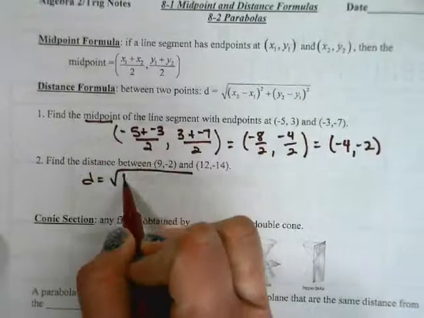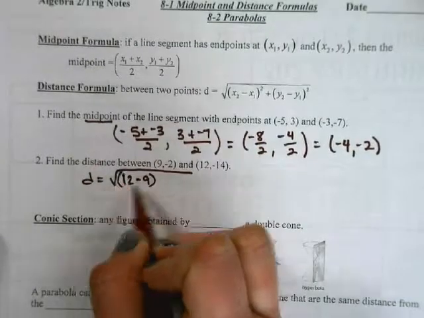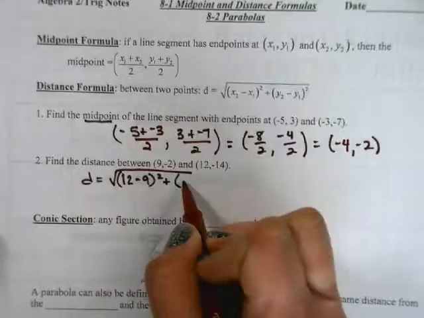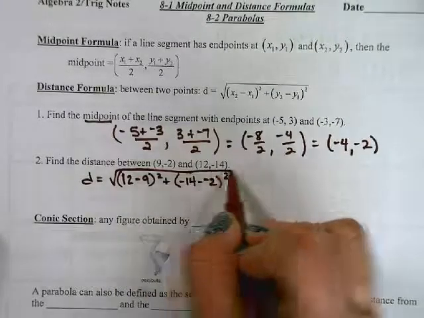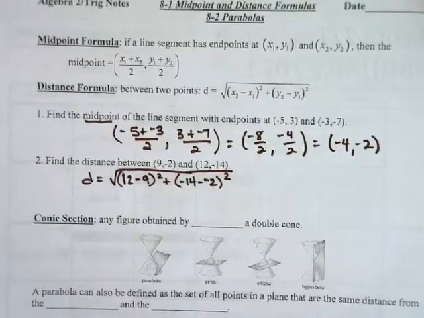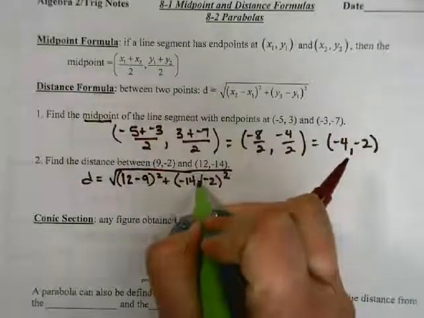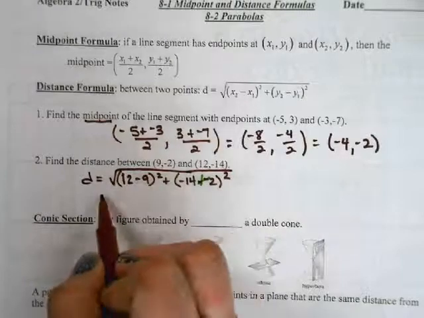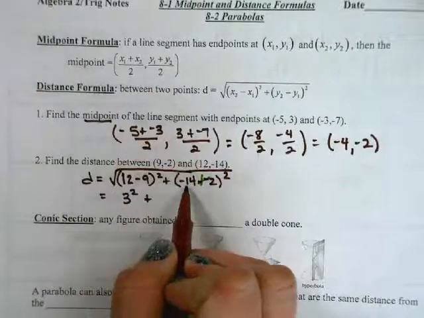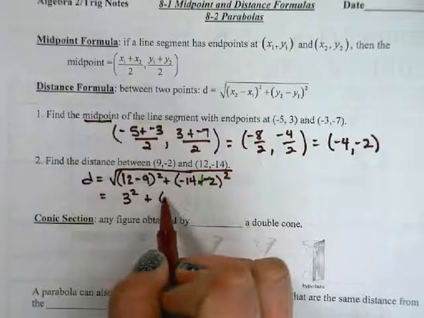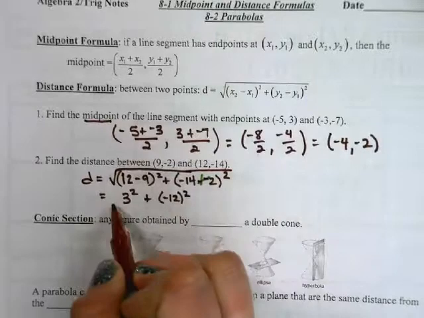Alright, so the distance. I'm just going to do 12 minus 9 squared plus -14 minus a -2 squared. Okay, 12 minus 9 is 3 squared plus -14 plus 2 squared is -12 squared.